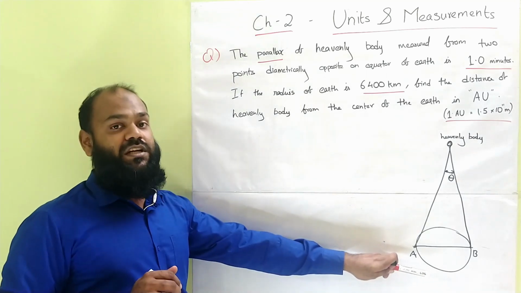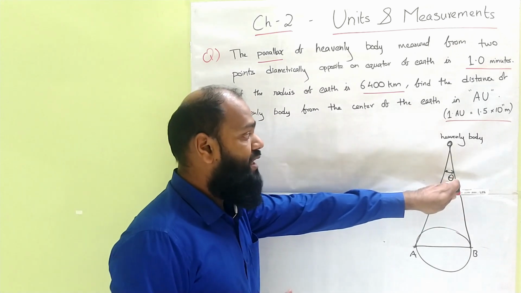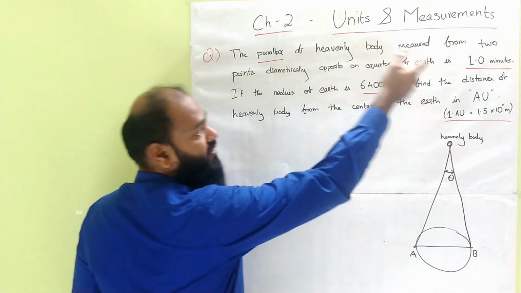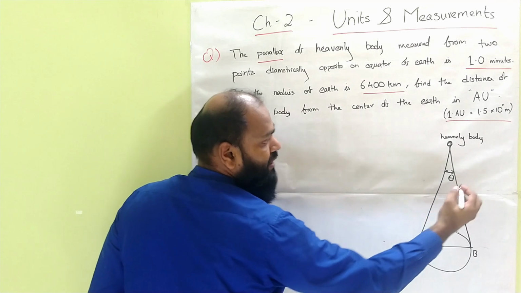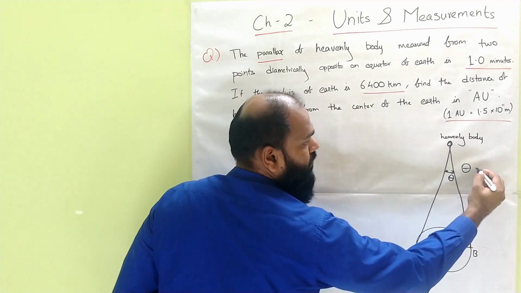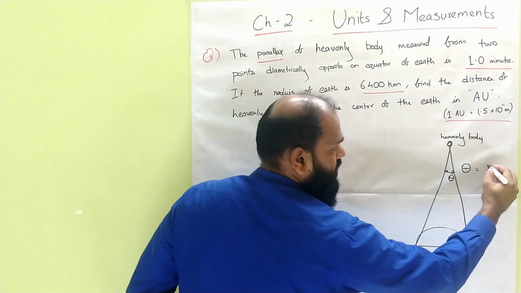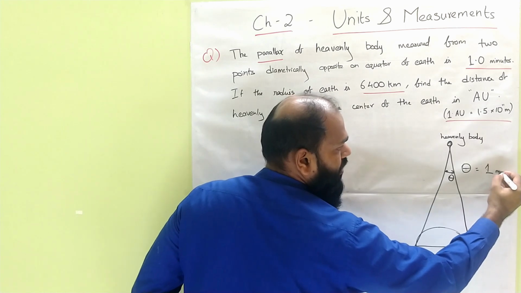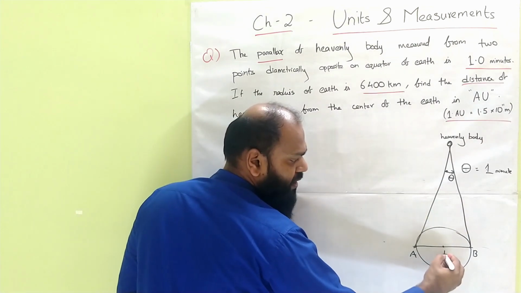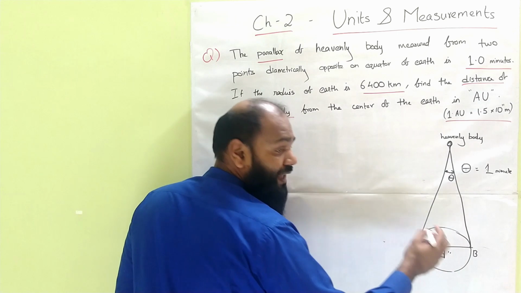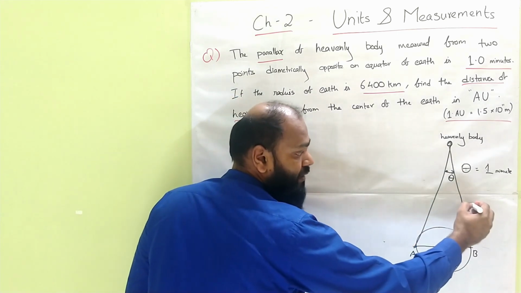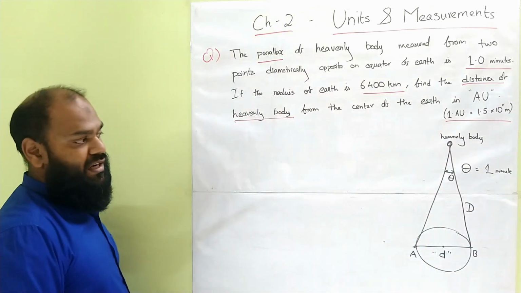So this is what is mentioned here. The parallax of the heavenly body measured from these 2 points, theta, equals 1 minute. Let us write the diameter of the Earth as small d and the distance as capital D for easy understanding.